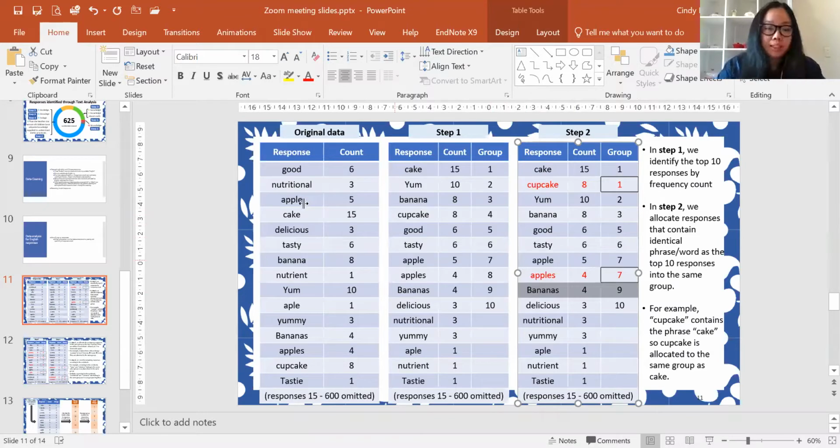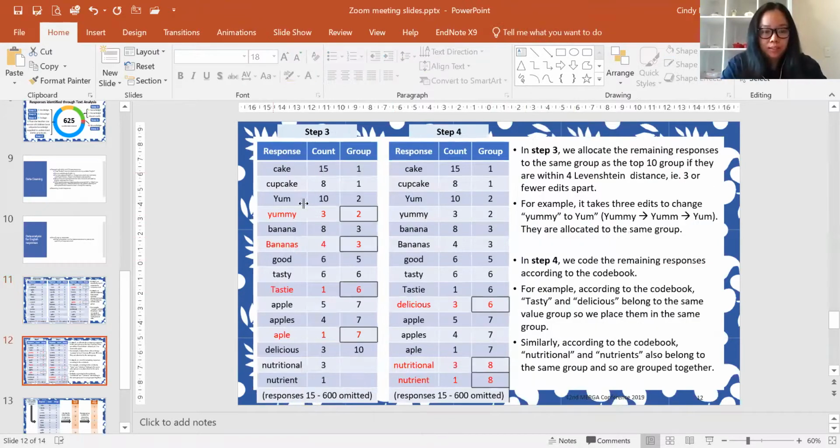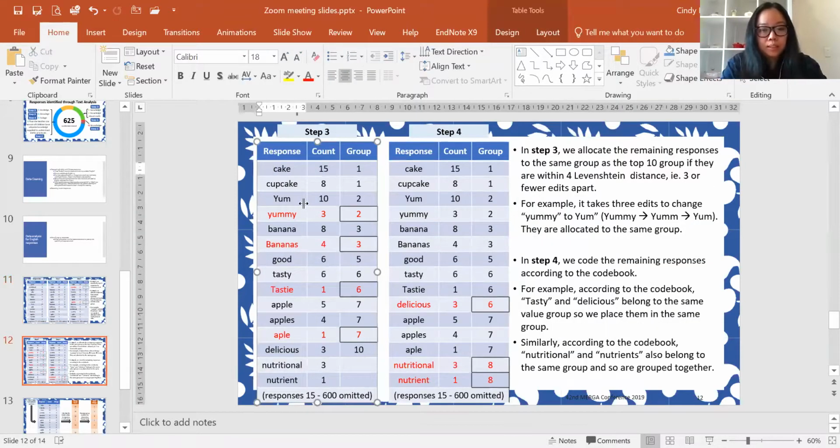Step 3 is based on Levenshtein distance. As mentioned earlier, this is only applicable to English language-based responses. If it's character-based, it's not very applicable because it won't pick up the differences. So in step 3, the parameter that we set is anything that has at least 3 letters and is within 3 edits.